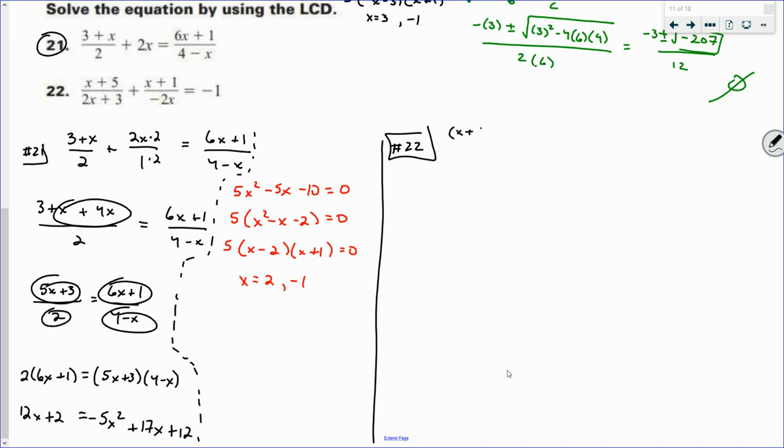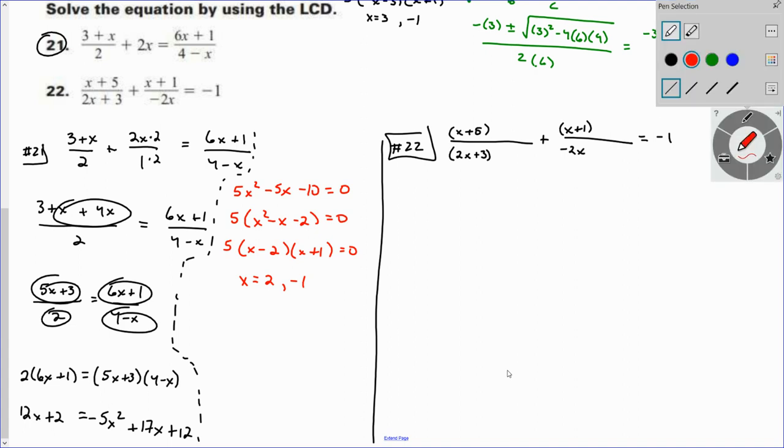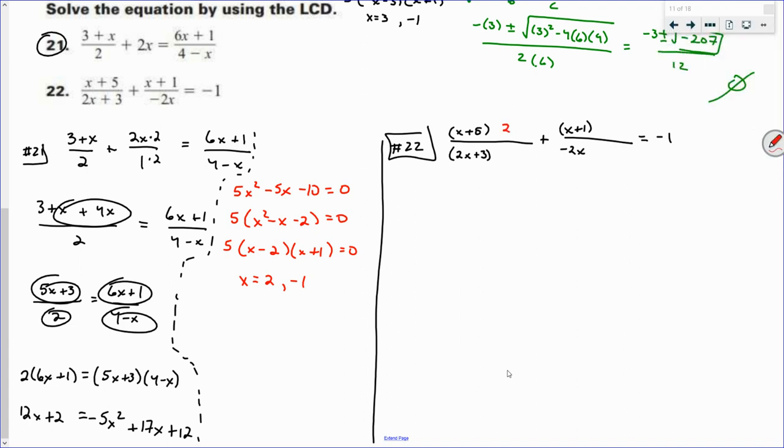So let's work on common denominators first. Sure looks like this one needs a negative 2x and a negative 2x, while this one needs a 2x plus 3 and 2x plus 3.